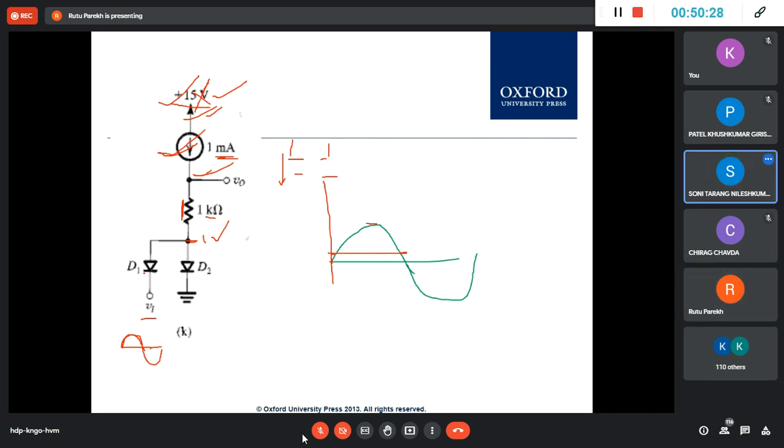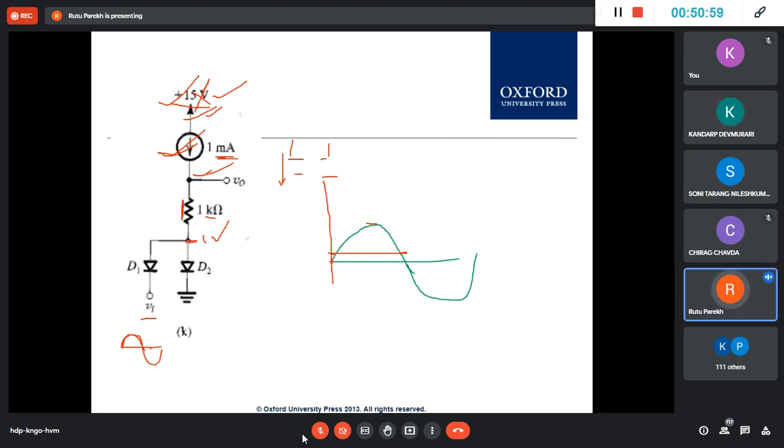Forward biased. This is minus, so it will be forward biased from there only. So for minus 0.1, 0.2 it will be forward biased. And if this is forward biased, then your output will be VF plus 1.